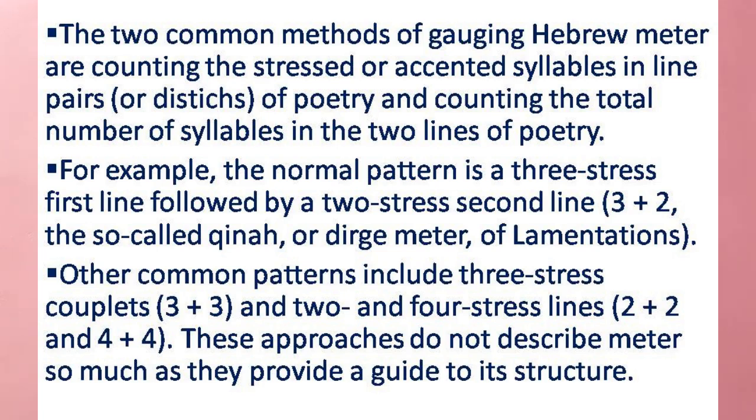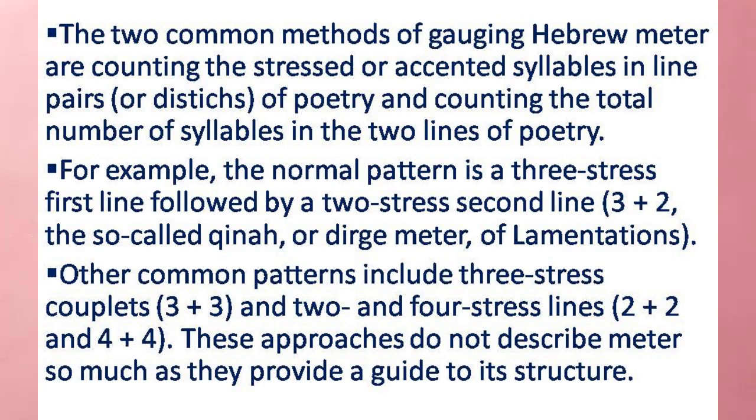For example, the normal pattern is a three-stress first line followed by a two-stress second line. So the basic pattern we can observe is that in the first line there will be three stressed syllables, and in the second line there will be two stressed syllables.